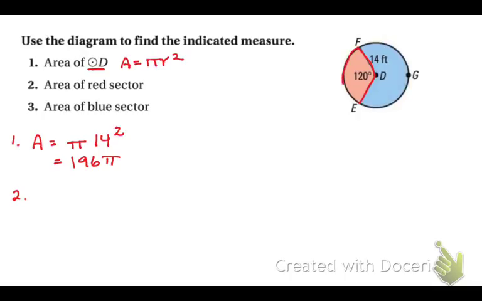So for the red sector, we need to use our area of a sector theorem, which again says the sector area over the area of the circle is equal to the measure of the arc that we're interested in.